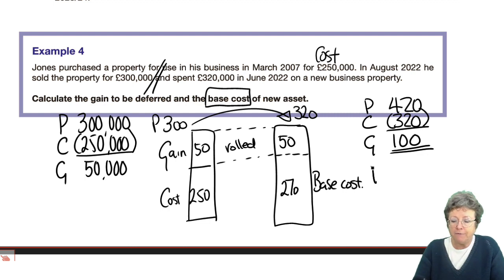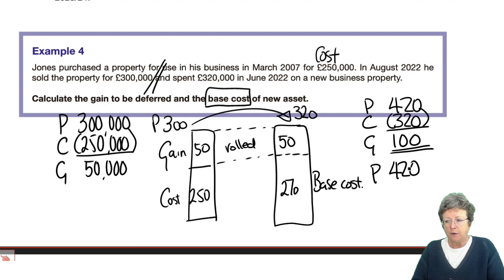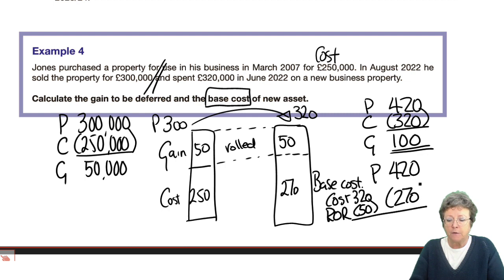Therefore, if he decided to sell it for 420,000, the cost was 320, but we've got a rollover relief gain in there. Therefore, the base cost is the figure that is put into the computation, giving us a gain of 150.